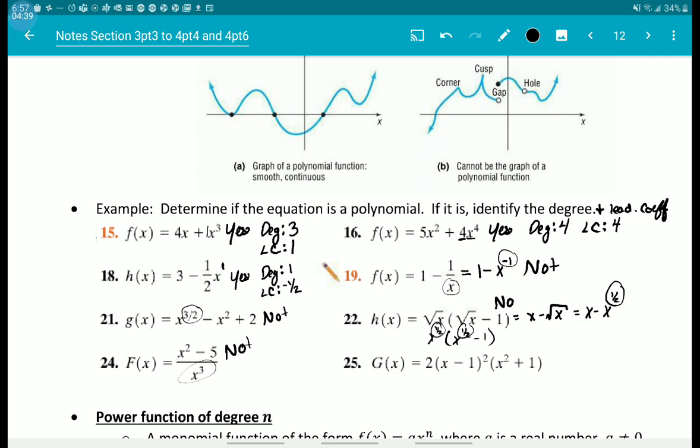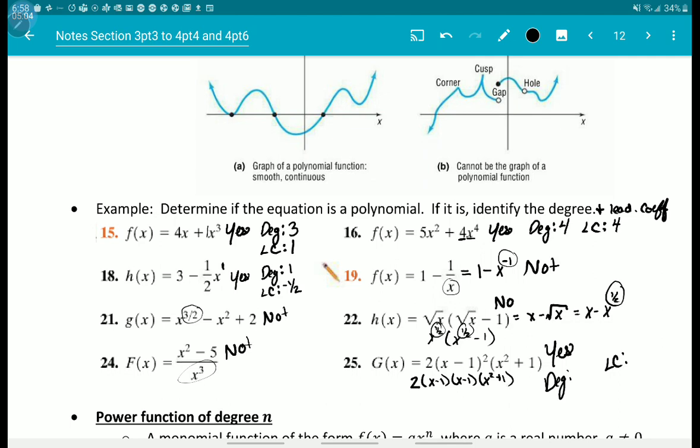And then 25. This guy is a polynomial. So we can talk about the degree and the leading coefficient. Now, if we were to multiply everything out, look at what we have. We have 2 times x minus 1 squared, which is x minus 1 times x minus 1 times x squared plus 1.